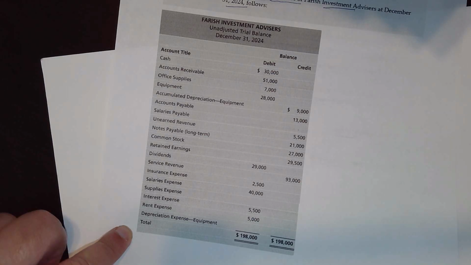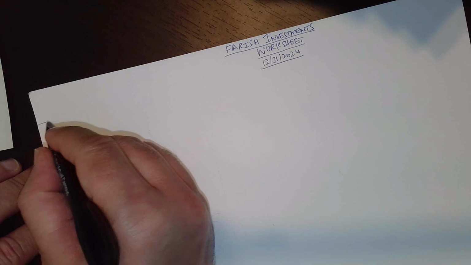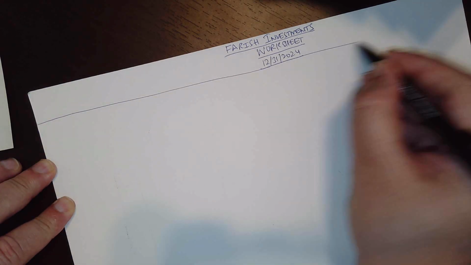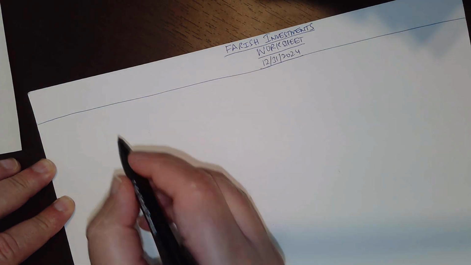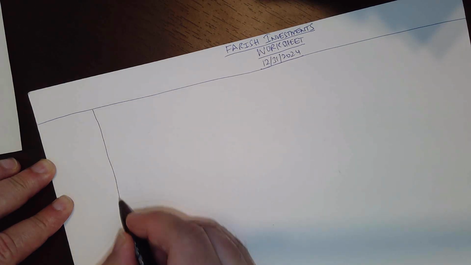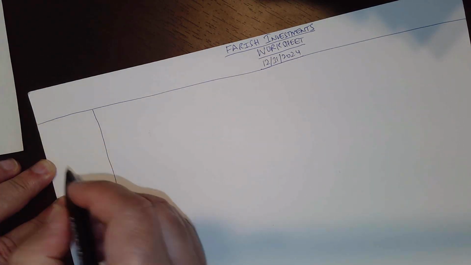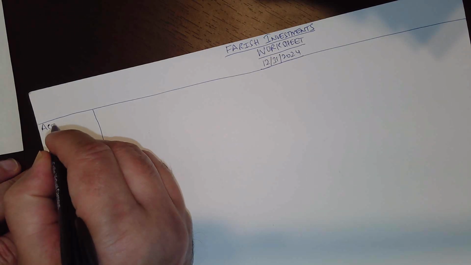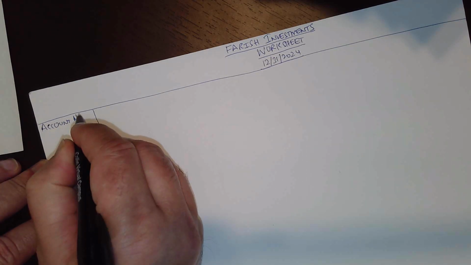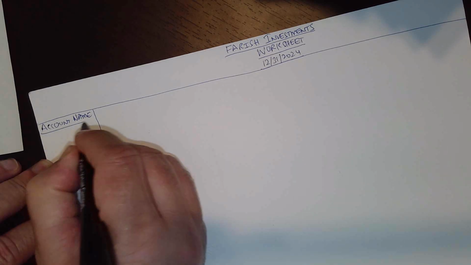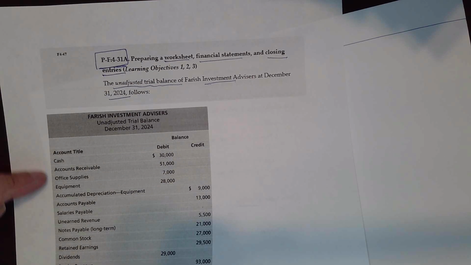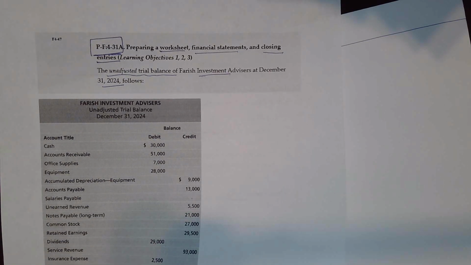unadjusted trial balance. So for example, I will just draw a line here, and then I will draw another vertical line, and I will put the account names here, listed in the same order as I have over here, from cash all the way to depreciation expense.